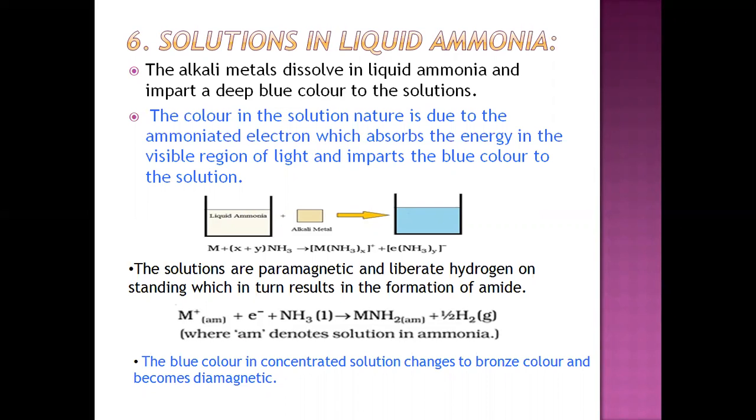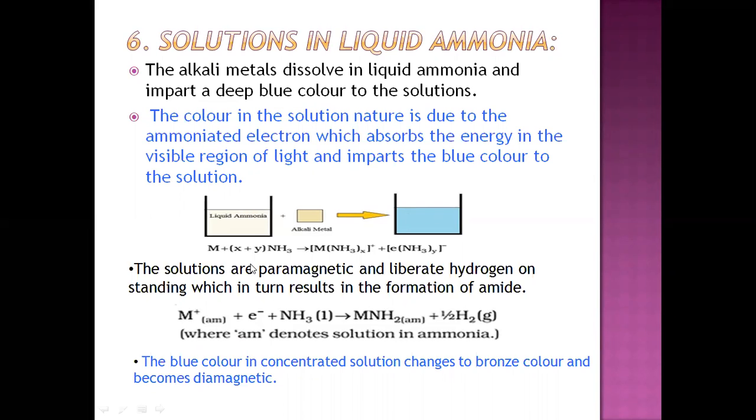The color of the solution is due to the ammoniated electrons, which absorb energy in the visible region of the light and impart blue color to the solution, as you can see here. The solutions are paramagnetic and liberate hydrogen on standing, which in turn results in the formation of amide.